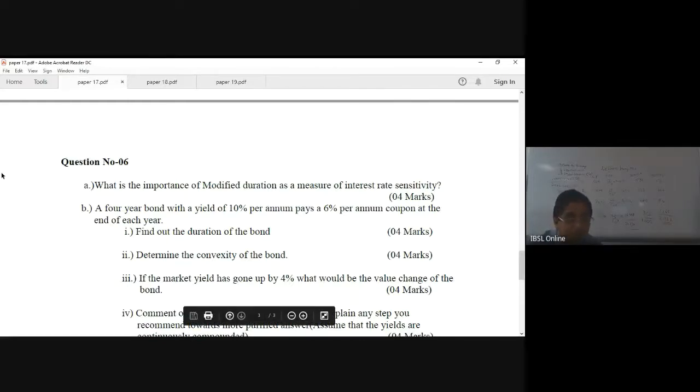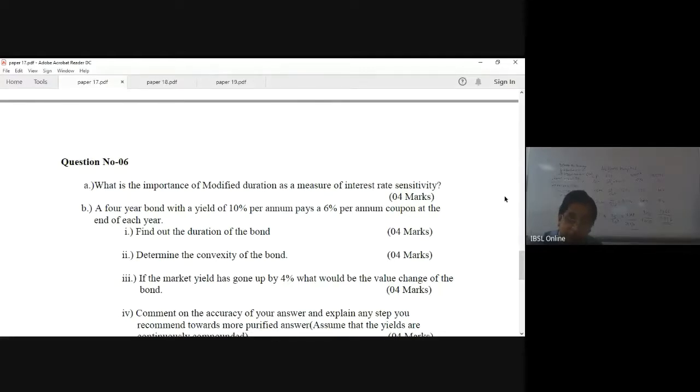I think part A is theory, so you can just go through the notes and find it out. But I think we can work out the things here. In the working out, you have 4-year cash flows 1, 2, 3, and 4. Then your cash flow would be 60, and the 4th year cash flow would be 1060, but the present value would be 60 into e to the power minus 0.1.